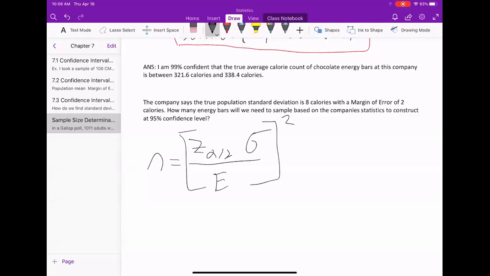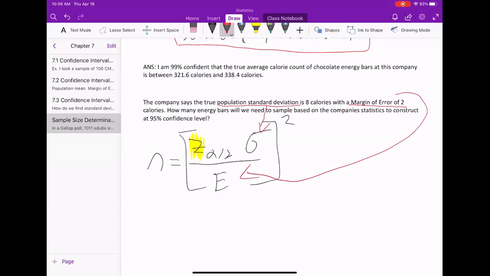Notice on this one, my critical value is back to a Z. I am using a population standard deviation, which is that guy. And I am using my new margin of error of 2, which is that guy. Right?